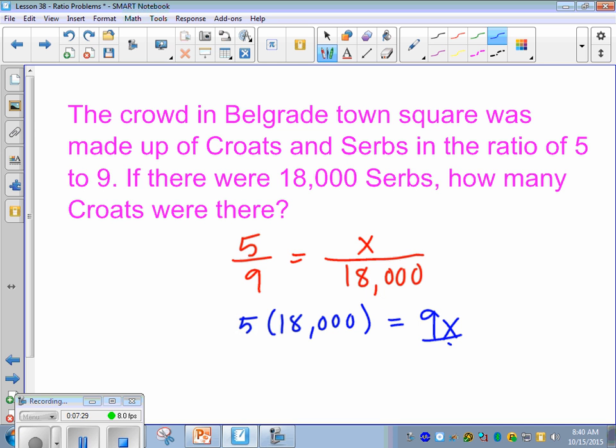Yes. So if you divide by 9 on both sides here, you can divide the 9 into either one of those numbers, and it goes really easily into which number? 18,000. So first, 9 into 18,000, then multiply. It's a little easier than multiplying and dividing. So what's 9 into 18,000? 2,000.